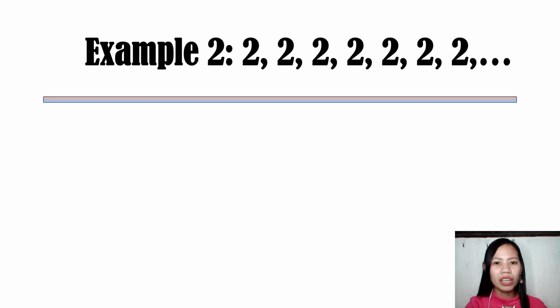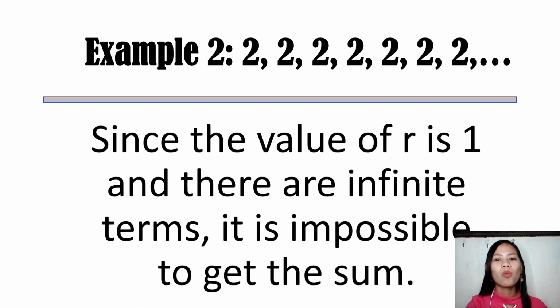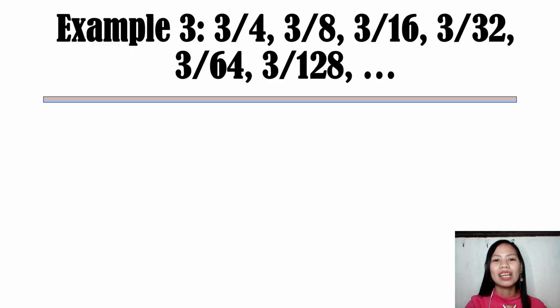What is the common ratio here? The common ratio here is 1. And there are infinite terms. Therefore, it is impossible to get the sum. If we have 3/4, 3/8, 3/16, 3 over 32, so on and so forth, is it possible to get the sum?